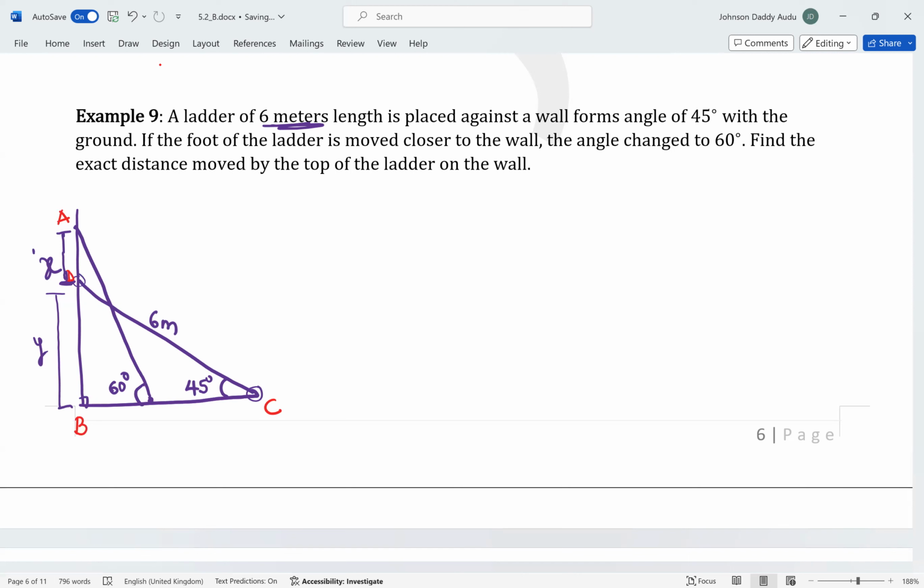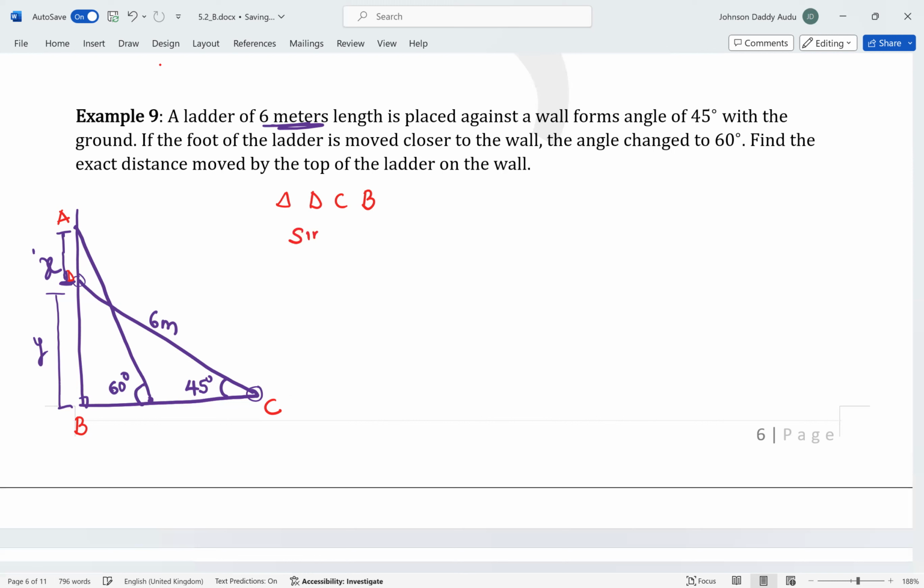So let's consider triangle DCB. If you look at DCB, you will see that to get Y, we can use opposite over hypotenuse.